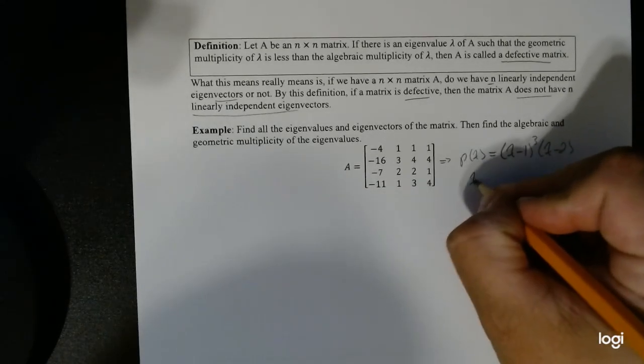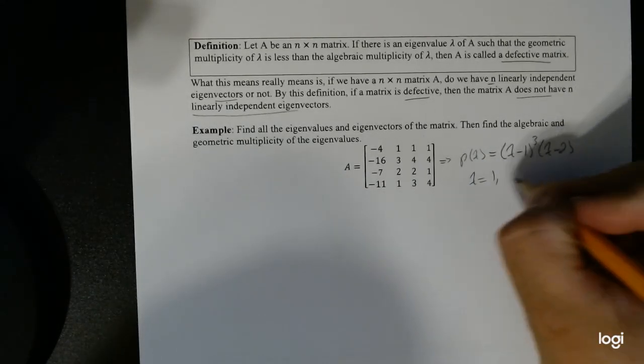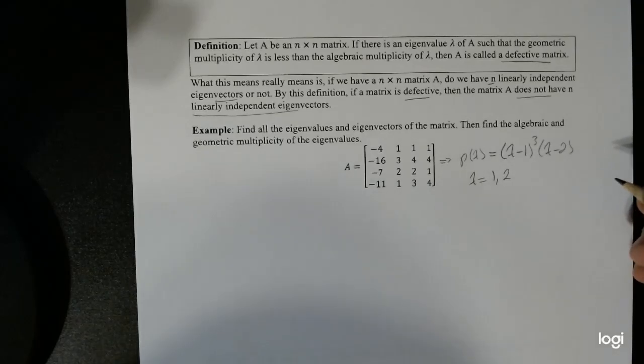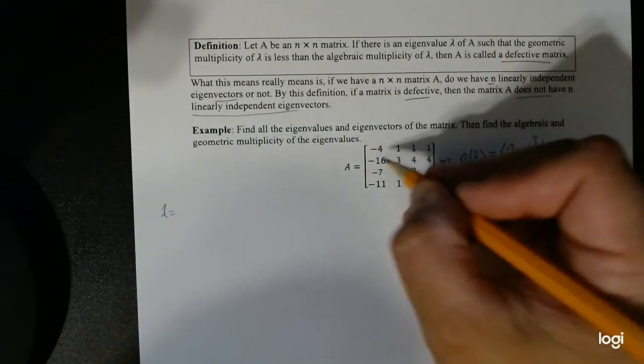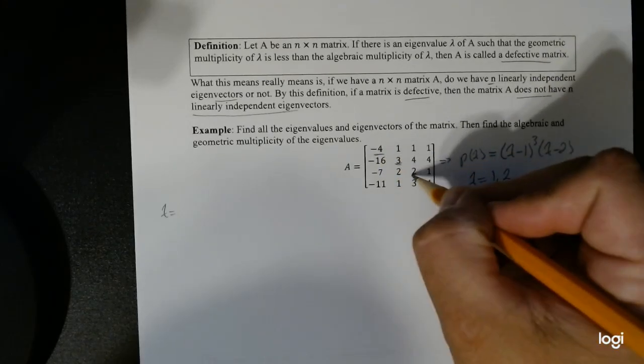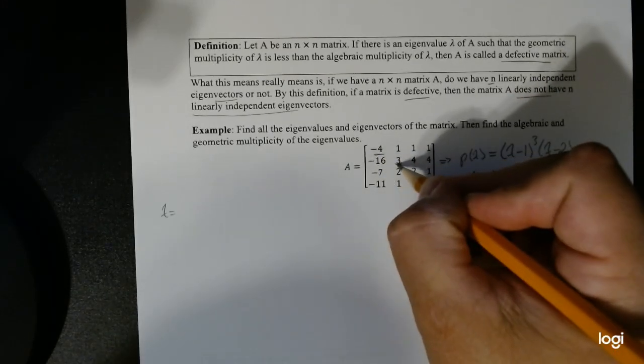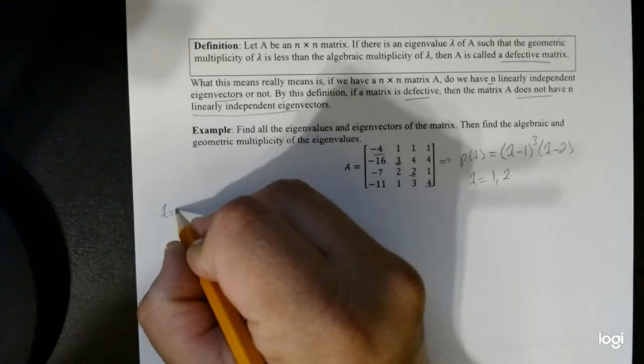We have 2 eigenvalues, 1 and 2. For this process, we just follow the same steps. We would subtract the diagonals minus 2, or minus 1 actually. So we get this matrix.